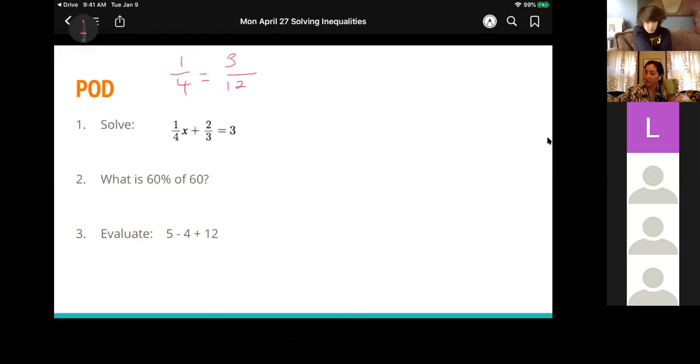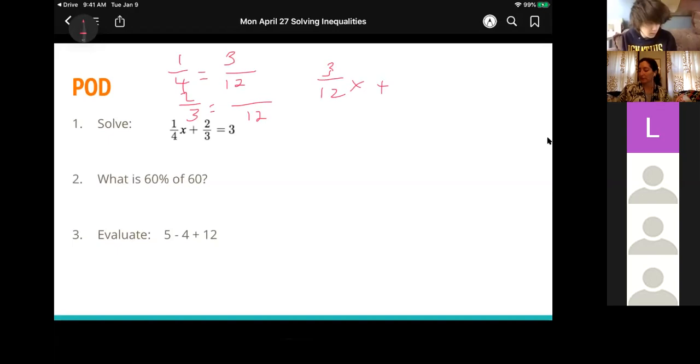So I have 3/12x plus 2/3 is equal to how many 12ths? Well, I have to say 3 times what gives me 12? 4. So 2 times 4 gives me 8. So I have plus 8/12.